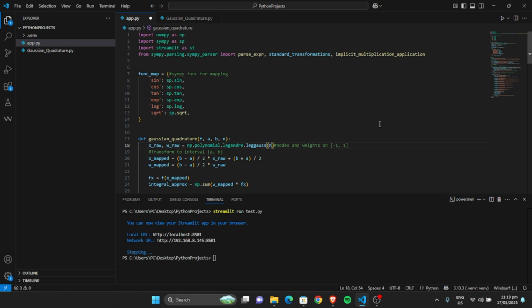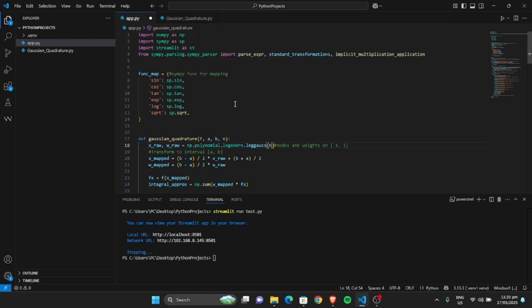As you can see in my Gaussian Quadrature code, there is an import of NumPy and SymPy for calculations, and also Streamlit, and also SymPy parsing for the implicit multiplication, so that the user doesn't need to use the star when using implicit multiplication.